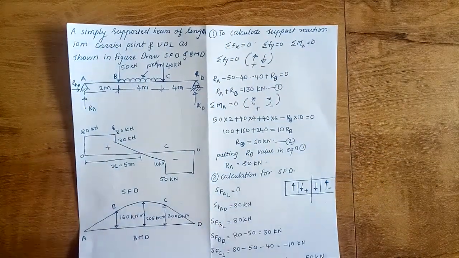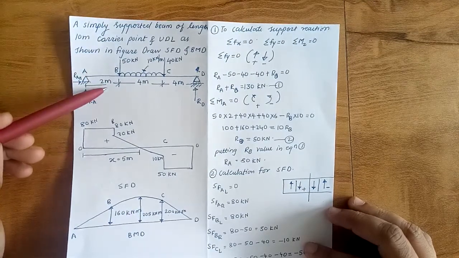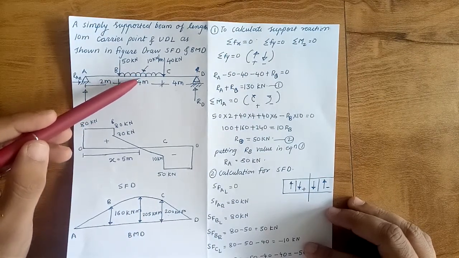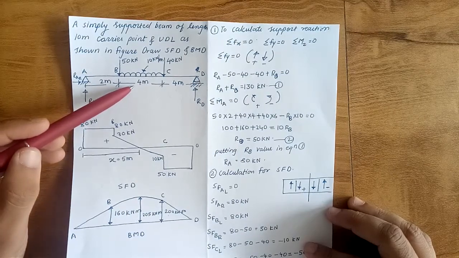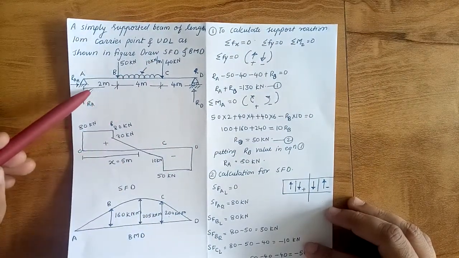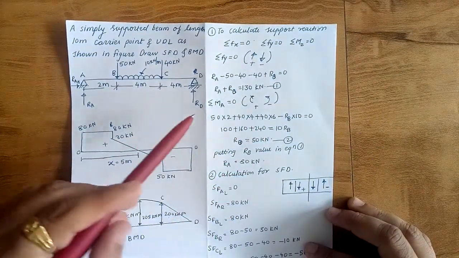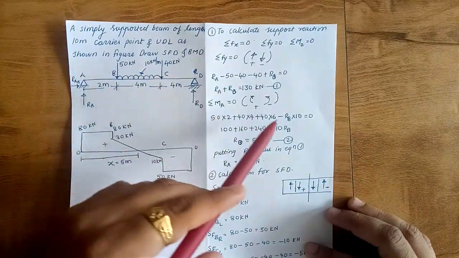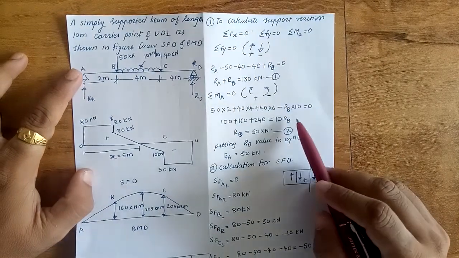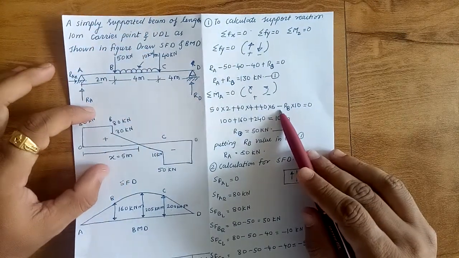Taking moment at A, 50 is rotating clockwise, so 50 multiplied by 2, plus the UDL: 10 into 4 is 40 kilonewton load, acting at its center, which is 2 plus 4, that is 6 meter away from point A. So 40 into 6, minus RD into 10, since point D is located 10 meter away from point A. This one is rotating anti-clockwise, so it is taken as negative.